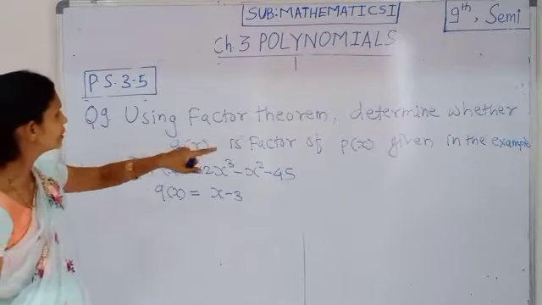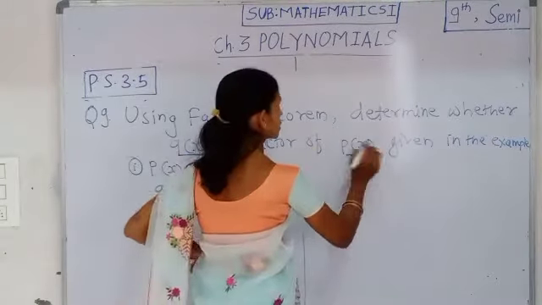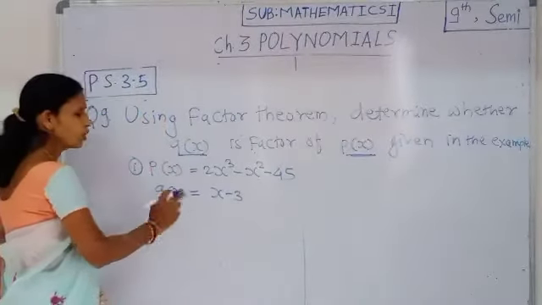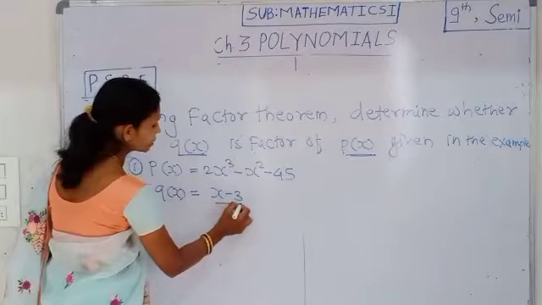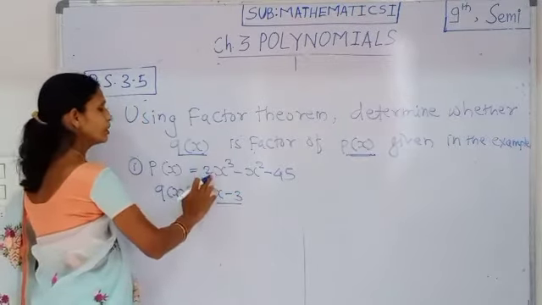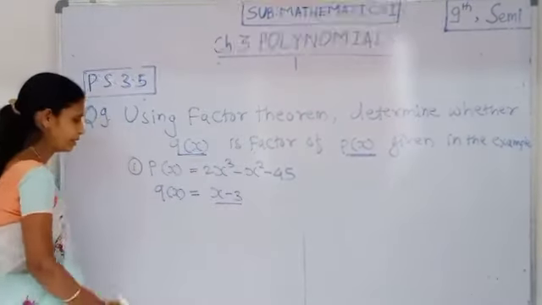We have to determine whether q(x) is a factor of that polynomial p(x). That means we have to find out whether x minus 3, which is a divisor, is a factor of the given polynomial, that is the dividend.